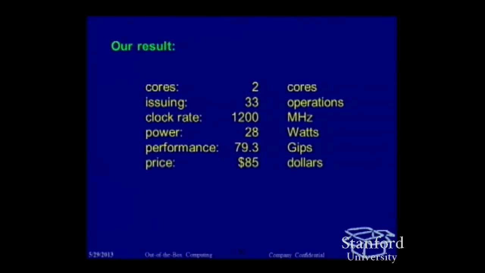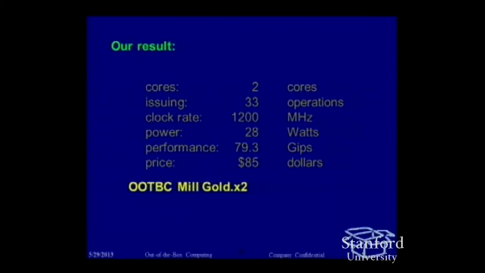And our best guess is $85, although there's a gentleman sitting over there who probably may have a difference of opinion. That's our gold CPU architecture, one of several. I said it was a family, and in fact a dual core one. And you're getting 33 MIPS per watt per dollar out of that configuration.